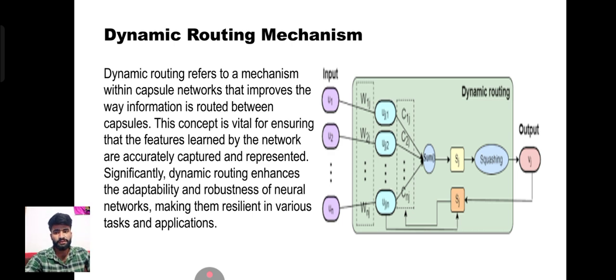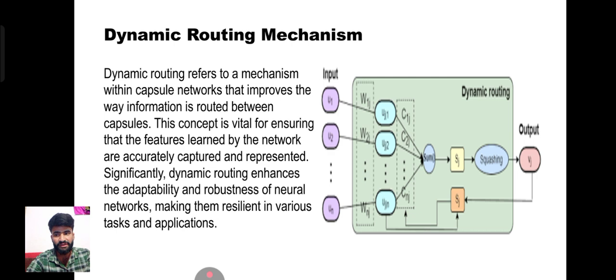Dynamic routing. What is dynamic routing? Dynamic routing is a process by which the output of one capsule, a group of neurons, is passed on to another capsule in the network layer. Key points of dynamic routing: it helps route the information from low-level capsules to high-level ones.